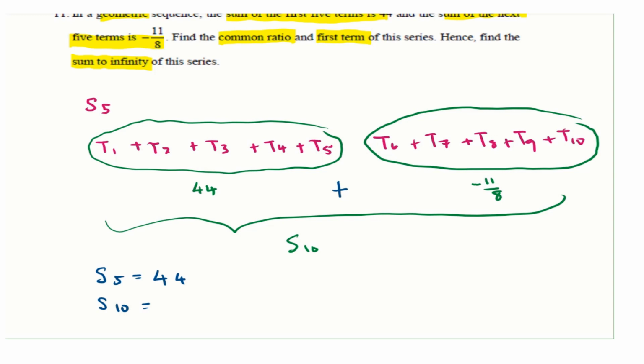Adding them, we get 341 over 8. This is S10.